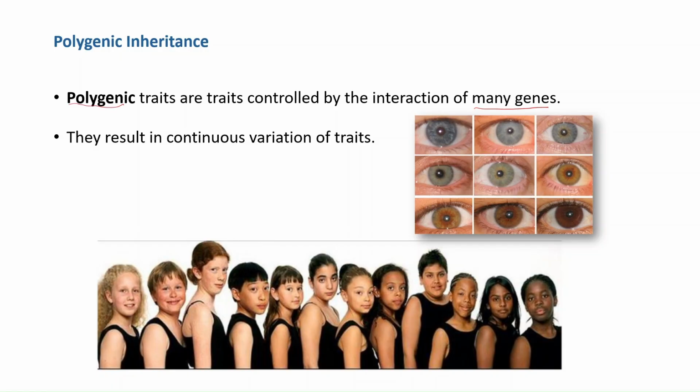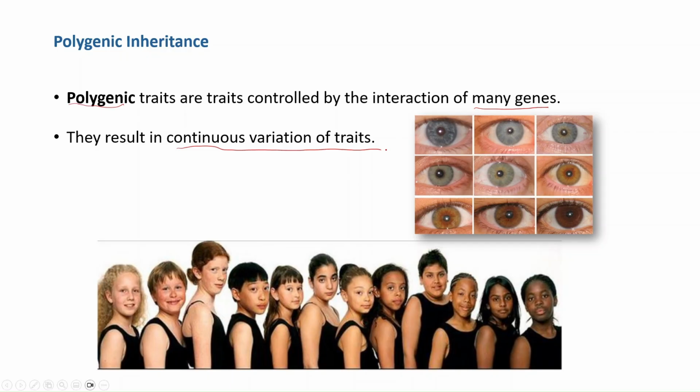Same thing with the skin color. You could have a milky white person, very dark black, and a bunch of variations where the skin color becomes increasingly darker. So you recognize polygenic inheritance because you have a continuous variation.